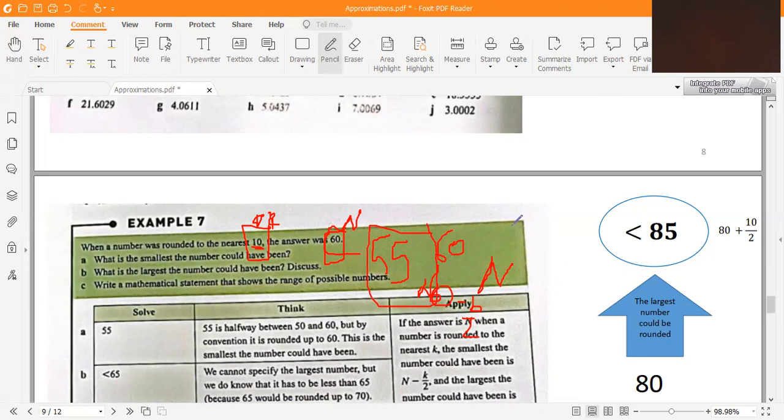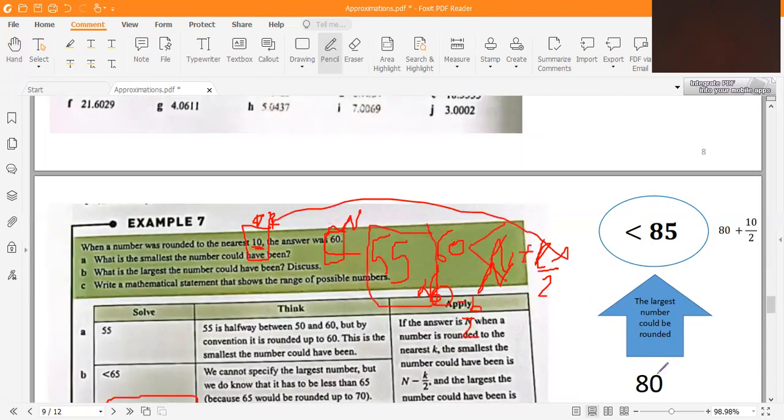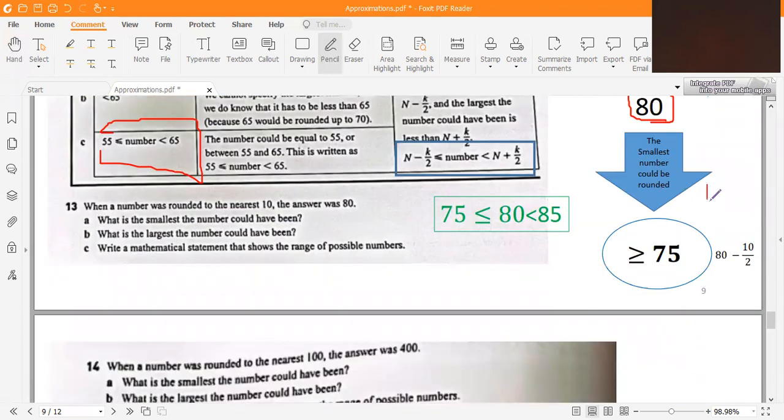The bigger one is strictly smaller than n plus k over 2. So 60 plus 10 over 2, so it is equal to 65, as we see here. And we can see clearly that when we want to find the smallest number that could be rounded to 80, we simply subtract k over 2 from this number, because to the nearest 10, k equals 10, so minus 10 over 2, so it is equal to 75.